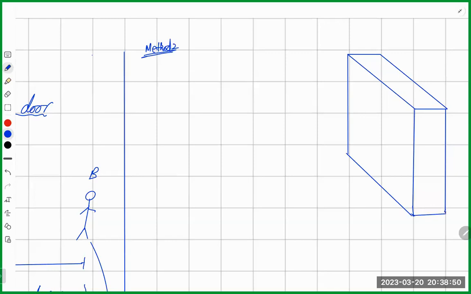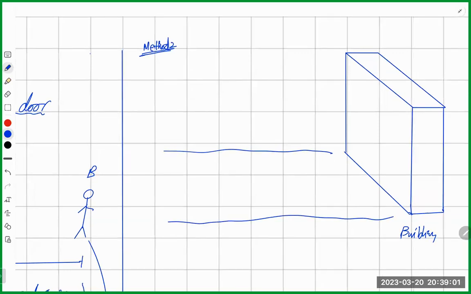There is a building, and there are two people standing over here.